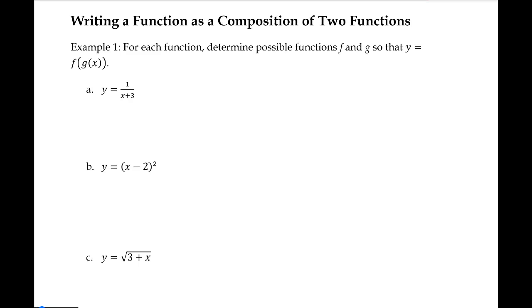Well, when I look at this, I see that it is a reciprocal function, because I've got x in the denominator, but then within the denominator, I see a linear function.